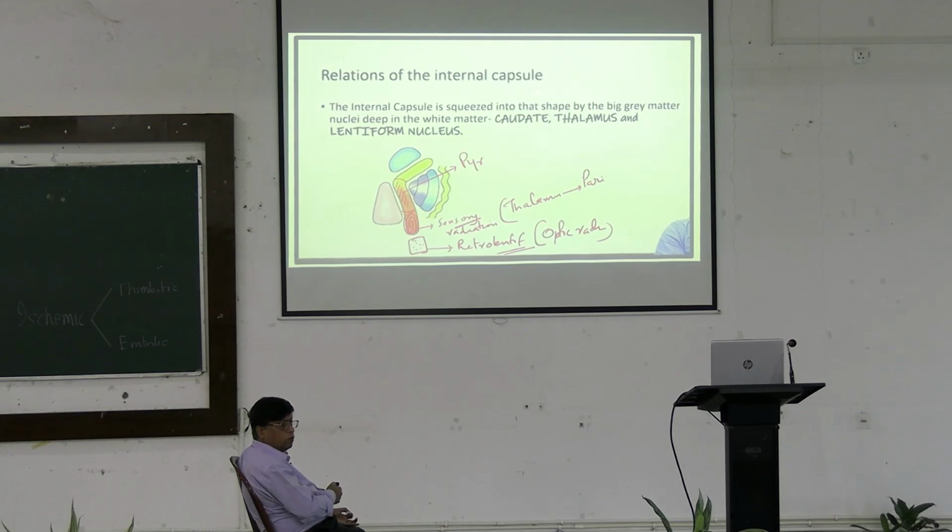All sensations converge to the thalamus, and then this radiation goes to the parietal lobe. This thalamocortical radiation is just behind the corticospinal tract in the internal capsule, and behind that are the optic and auditory radiations.